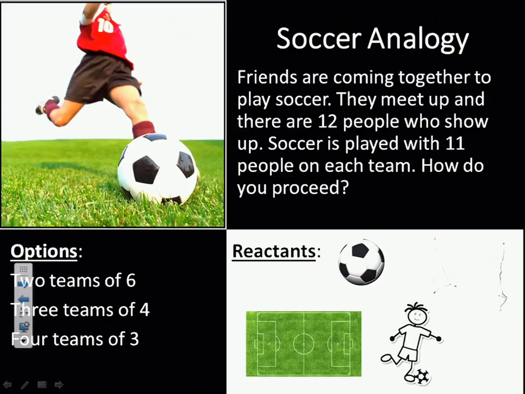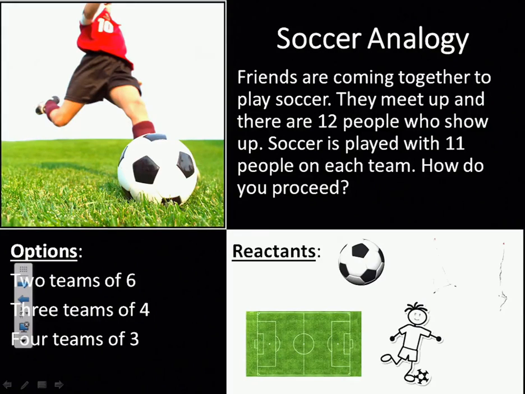So whenever we're looking at a chemical reaction, we're doing the same thing. We're making a mental assessment of how much of each of the reactants we have to decide whether or not we have enough for each possible product. The possible products, the possible outcomes of the soccer analogy are either choosing 2 teams of 6 or 4 teams of 3.